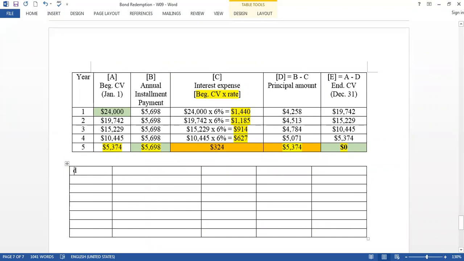So this is date, then accounts title, then reference, this is debit, and credit.